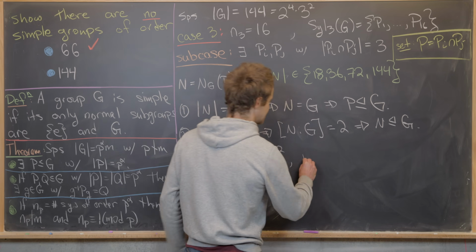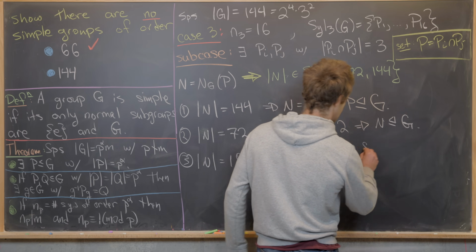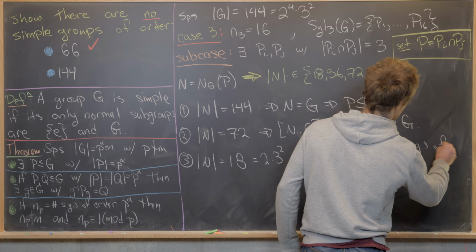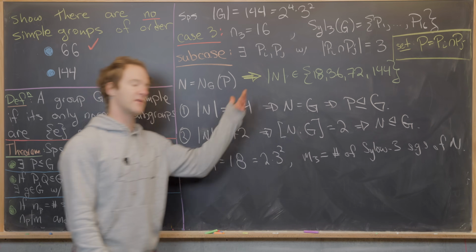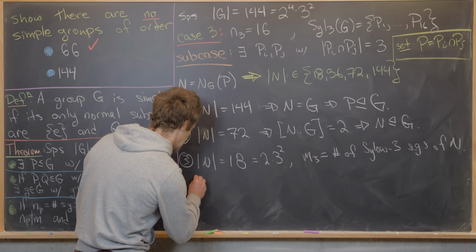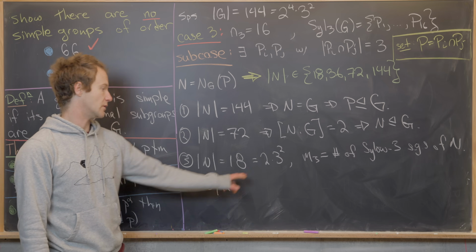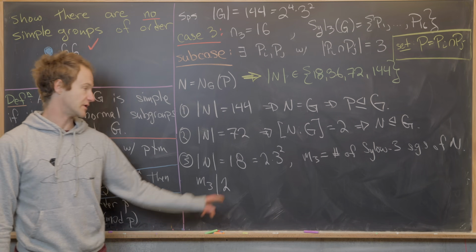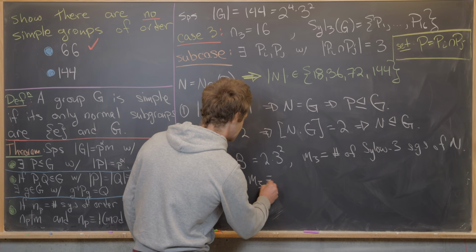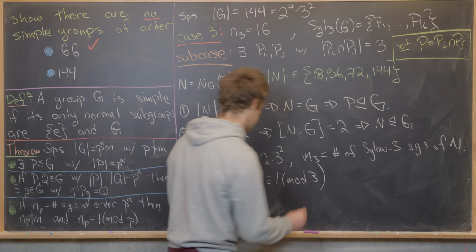And then let's say that M sub 3 is equal to the number of Sylow 3 subgroups of this subgroup of our original group, which we're calling N. Okay, so we know that M3 must divide 2, given the fact that that's left over after dividing out 9. And we also know that M3 must be congruent to 1 mod 3.